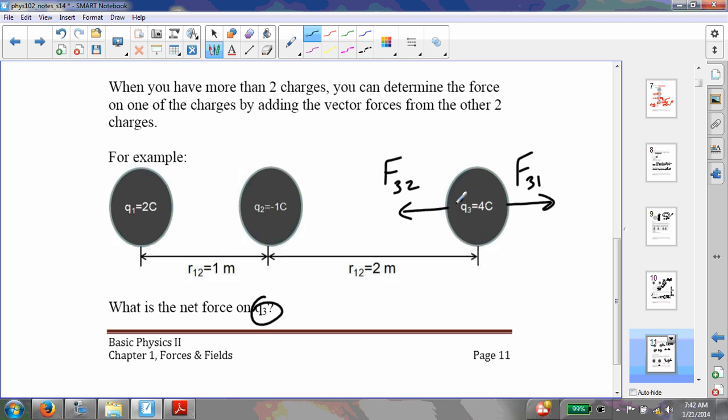All right, so I know these. I want to find the net force. The sum of all the forces on particle 3 will be F31 minus F32. So now all we have to do is calculate the magnitude of F31 and F32, and we'll be able to find the net force.